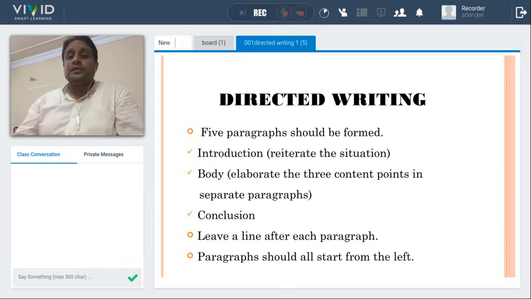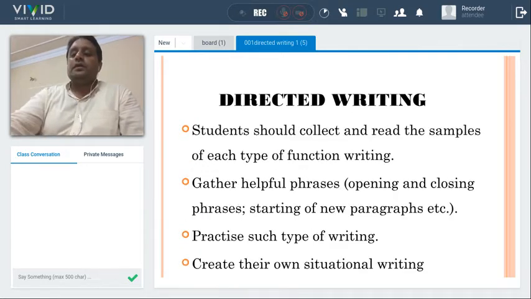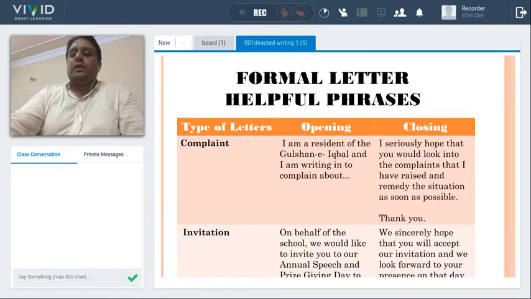I hope you can see the screen, and on screen you can see that we are about to start letter writing.